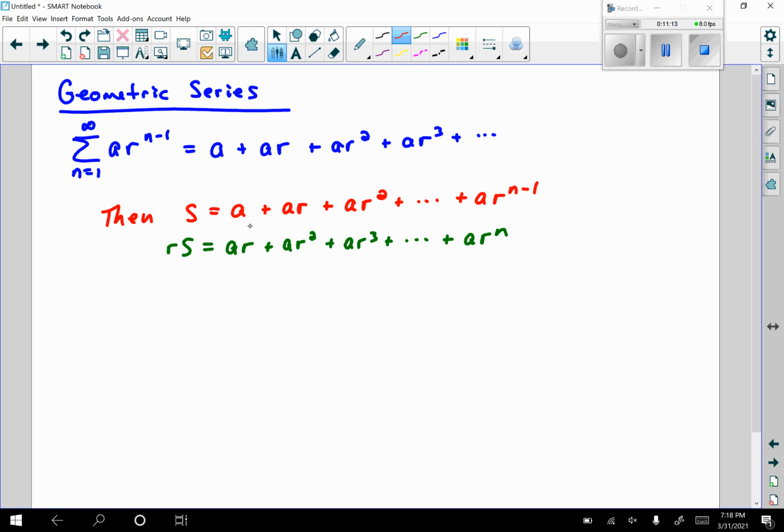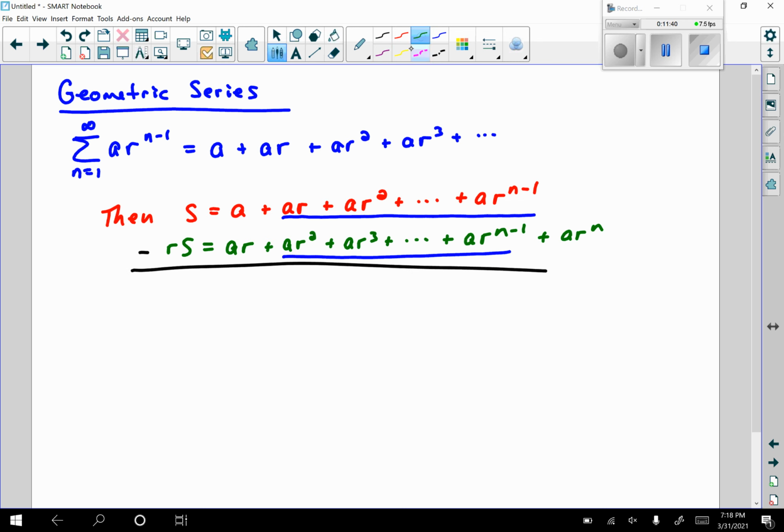So all of these terms look like they match starting right here to here, because what's right in front, let me actually write this here. The term before this last one would become a times r to the n minus 1, and then plus a times r to the n. So all of this is right here. So what I'm going to do now is subtract.